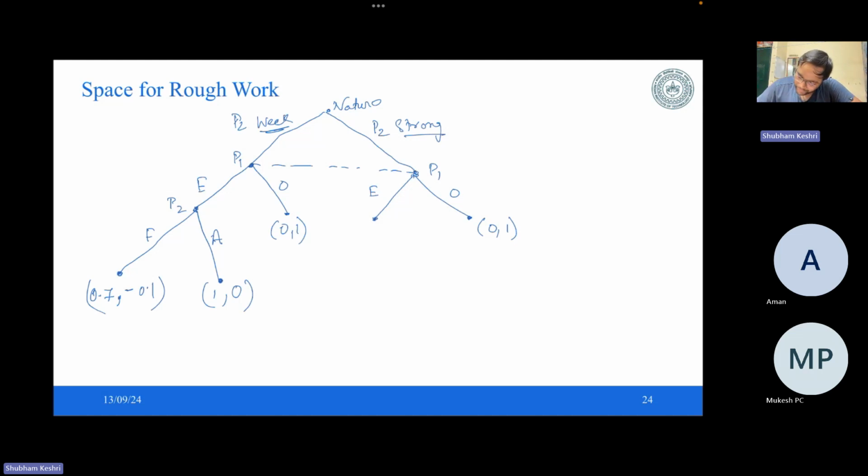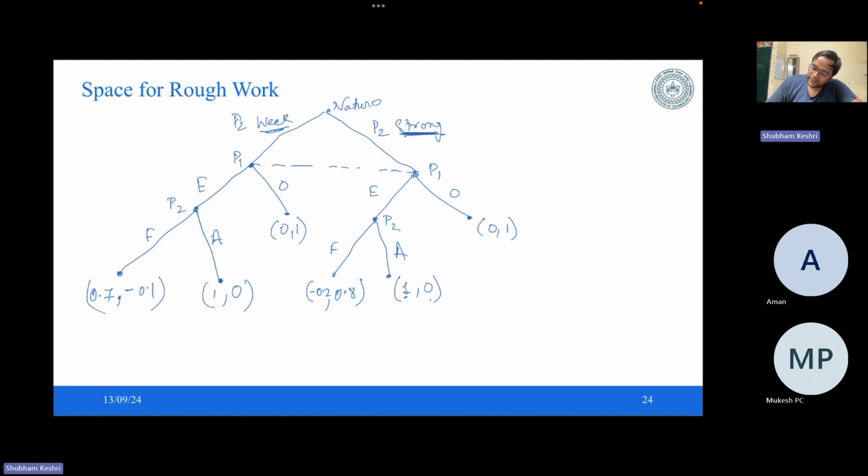Right. So over here also player 2 moves. He can either fight or accommodate. If he fights, this is a strong opponent, so he will get a utility of 0.8 and player 1 will get a utility of minus 0.2. Right? And if he accommodates, player 1 will get a utility of 1 and player 2 will get a utility of 0.